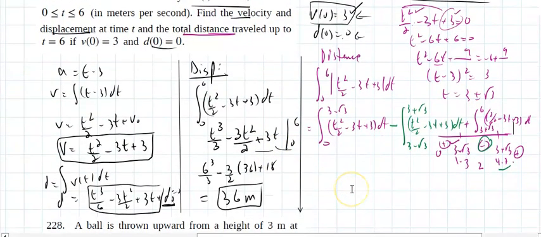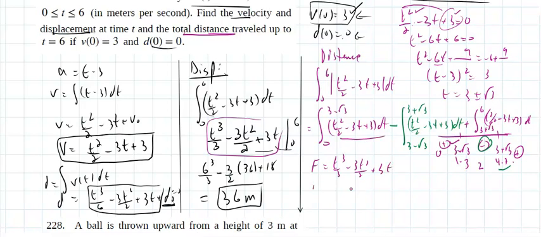So pretty much we already figured out what that is. We know that f is t cubed over 3 minus 3t squared over 2 plus 3t. So basically, this right here will be f of 3 minus radical 3 minus f of 0.